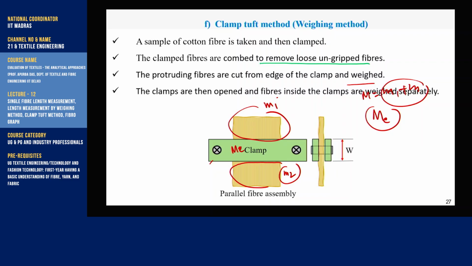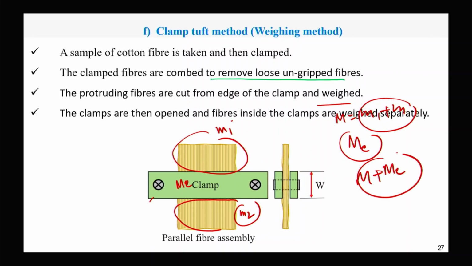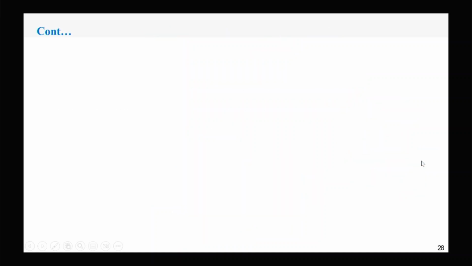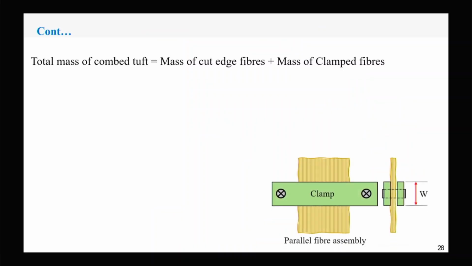So the total weight of fiber will be M plus MC. This is the total weight of fiber. So we have the mass of clamped fibers and the mass of cut fibers, and the total mass we have got.